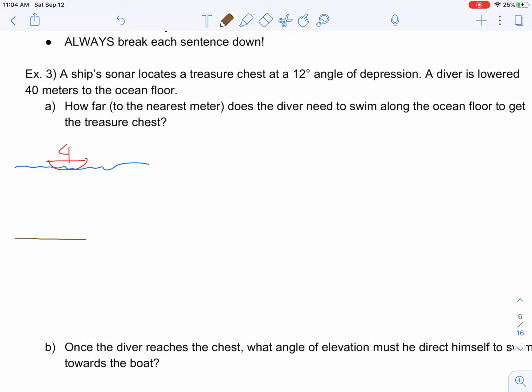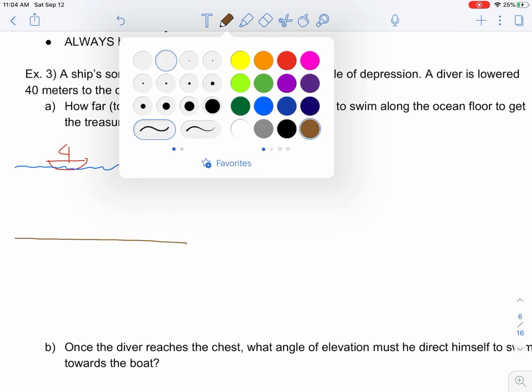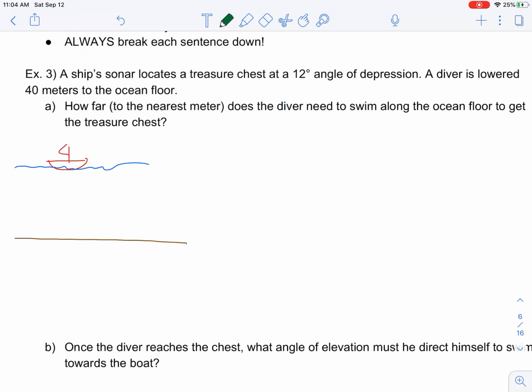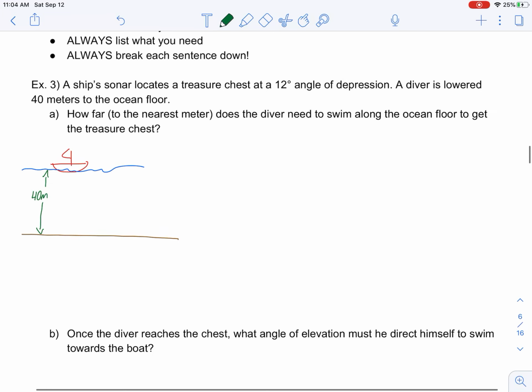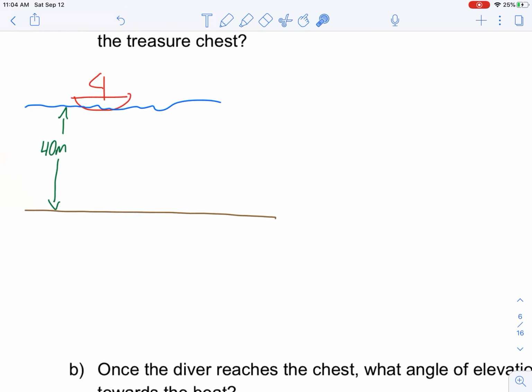So if we draw the ocean floor here, there's our ocean floor. And now we have a height. So we are 40 meters above the ocean floor.